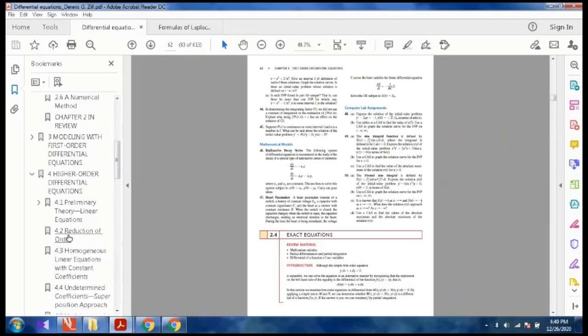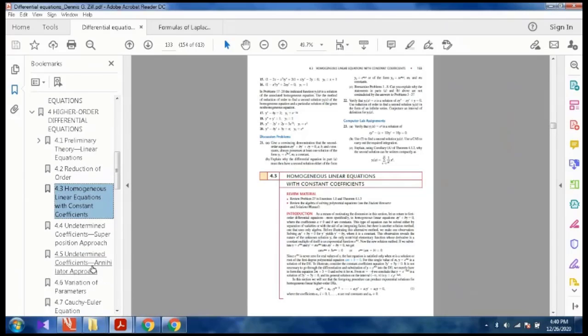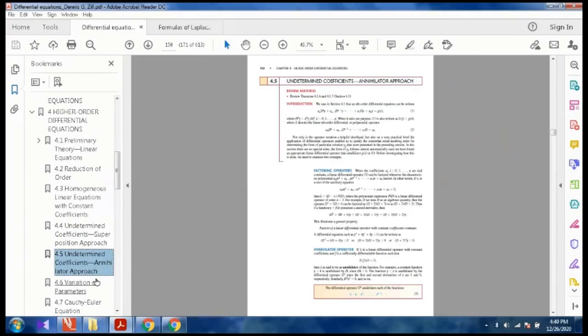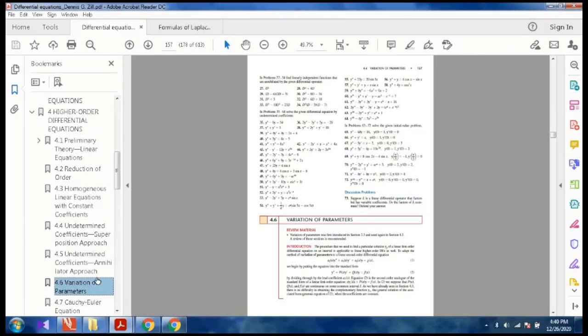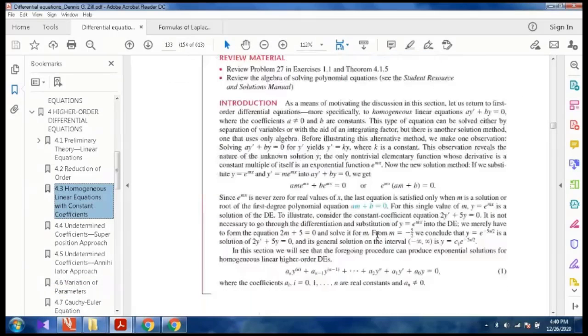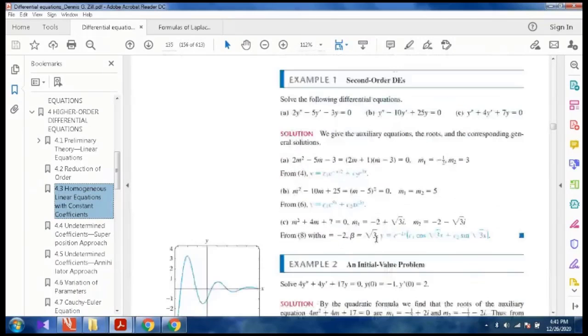Also, you are familiar with homogeneous linear equation with constant coefficient. What is superposition method, annihilation method, and variation of parameters. All of you have gone through these topics in your previous math course, Math 120. So let me show one example from here. Then you can easily recall whatever you have learned.